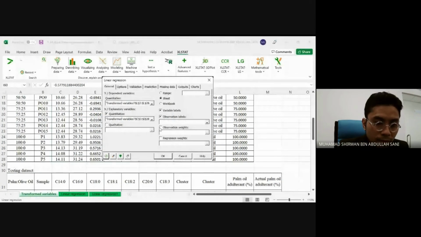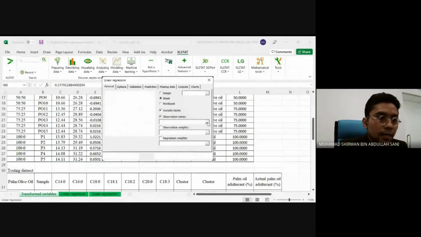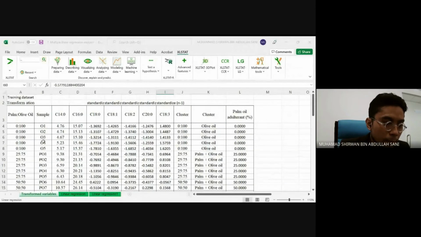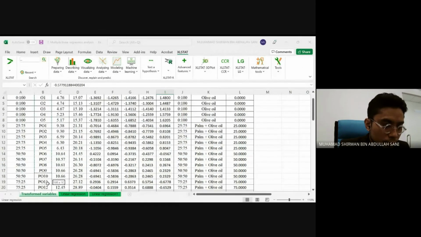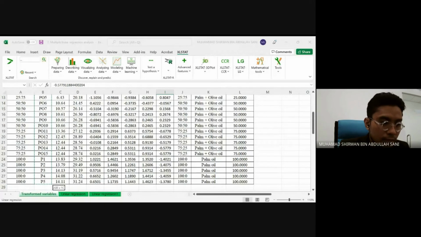And then for observation labels, again, go to the sample name here, and then drag down to the last sample.